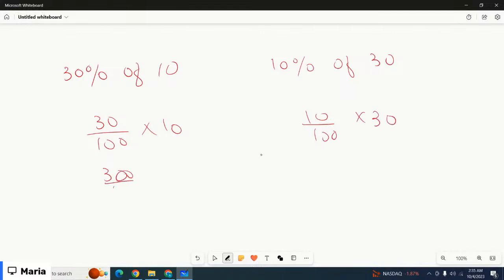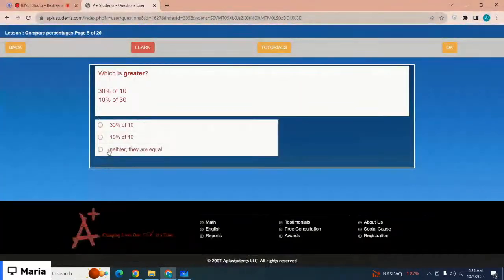That is 300 over 100. They both are exactly equal, because 30 times 10 is 300 over 100 and 10 times 30 is 300 over 100. I've already told you they both are exactly equal, right?